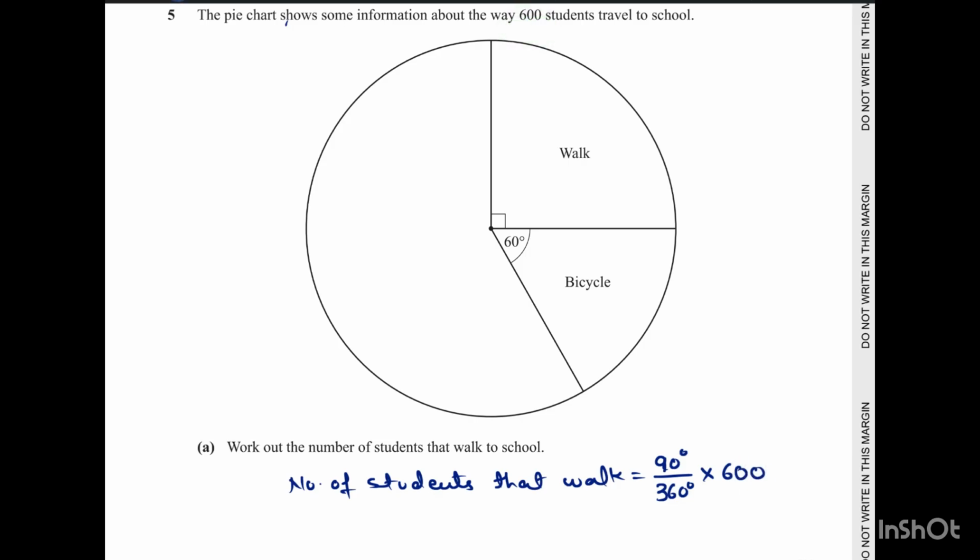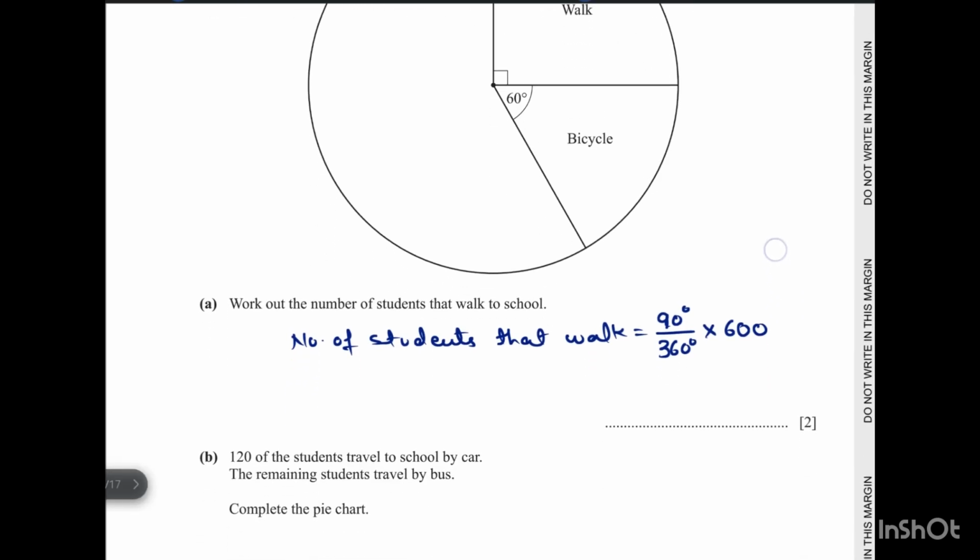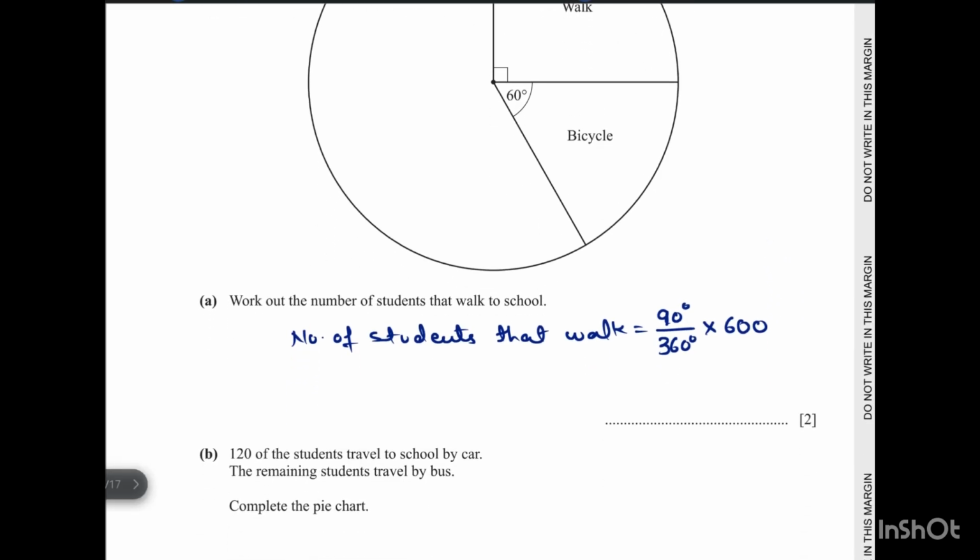So now calculate. Cancel out zeros, 9 times 4 is 36, so 600 divided by 4 you can do. 4 ones are 4, 2 is remaining, 4 fives are 20, 0 as it is. So it is 150 students who walk to school.